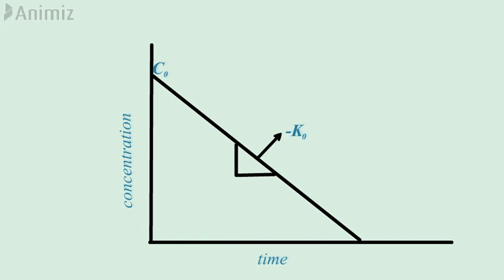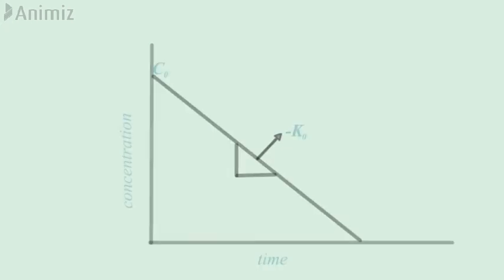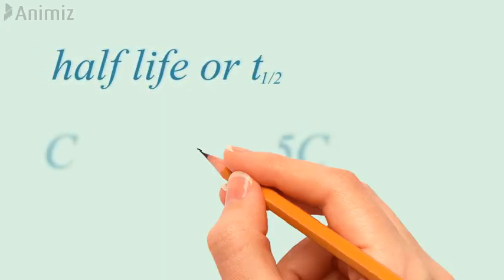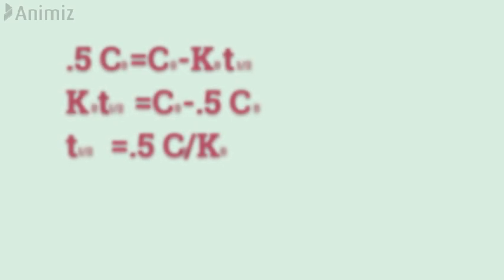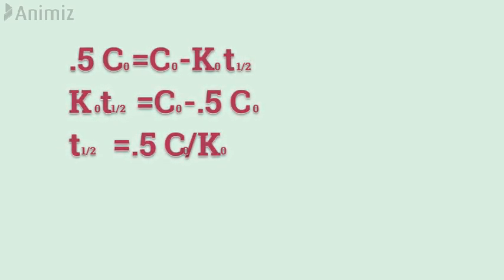The time required to decrease C0 to C0 by 2 is known as T-half or half-life. In a zero-order reaction, half-life can be determined as follows. C0 by 2 equals C0 minus K0 into T-half.